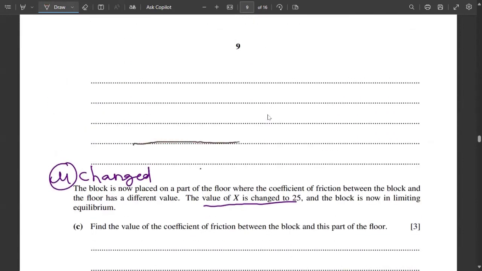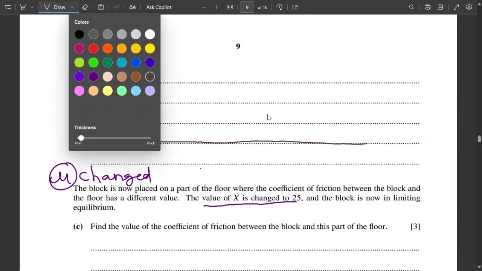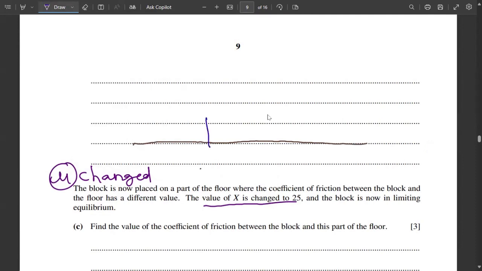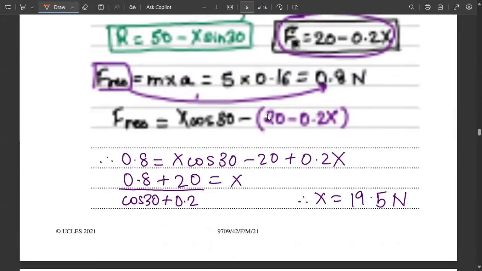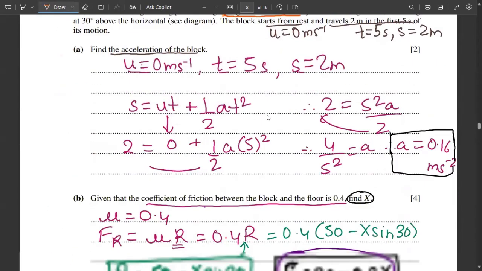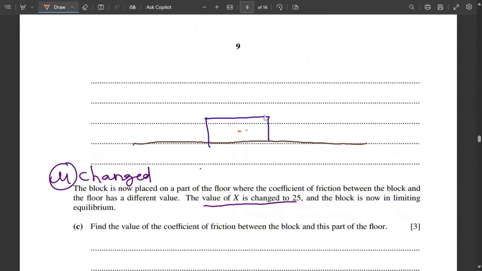So this is the floor. This is the block. Now what has changed? The value of X, which has become 25 Newton, at a 30-degree angle. So first, without doing anything else, let's just resolve the forces.